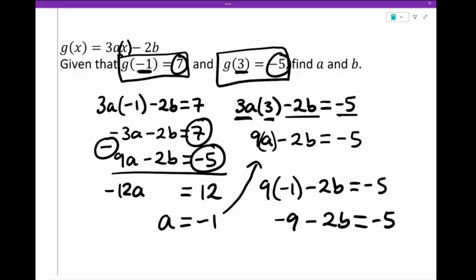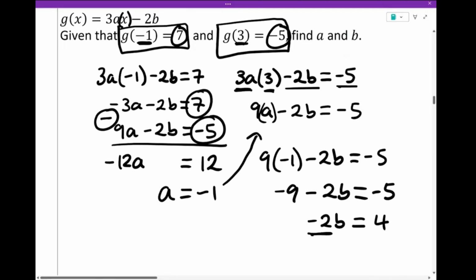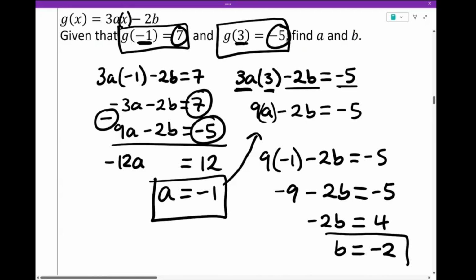So there's only one unknown in the equation, so let's rearrange and solve. We got -9 here, so we're going to add 9, so -2b is equal to +4, and then we're going to divide by -2, so that's going to give me b is equal to 4 divided by -2, which is -2. So a is equal to -1 and b is equal to -2.